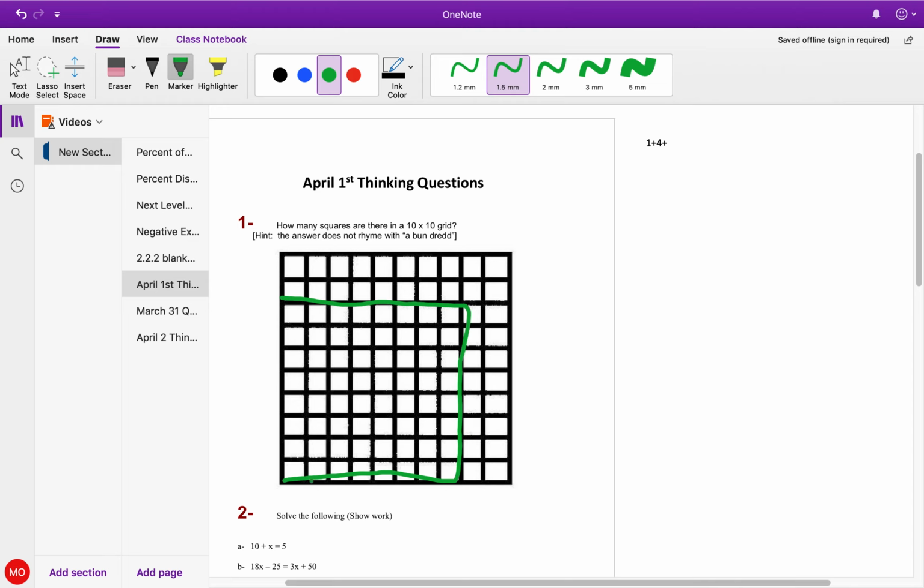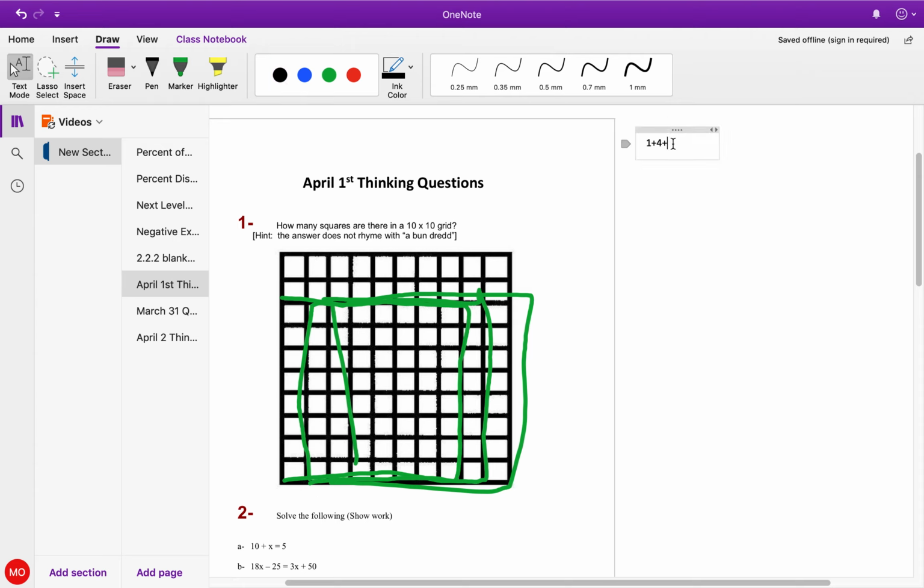Then I could move it over one and go here, here, here. I can move it over one again, and I could get 9 in all together. Then for the next one, I'd be able to get 16 of the 7 by 7 squares, and so on and so forth.